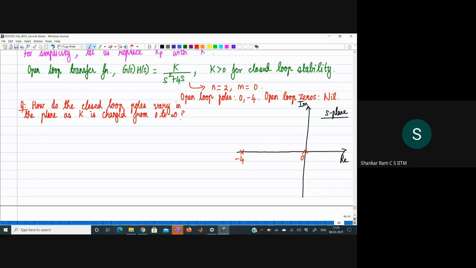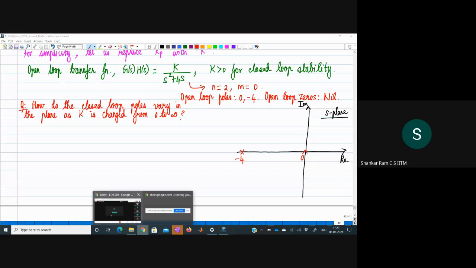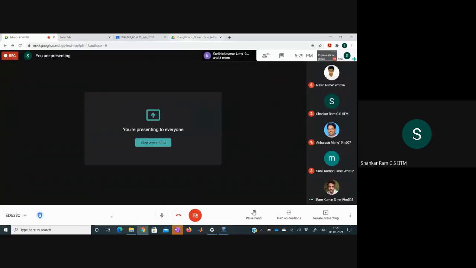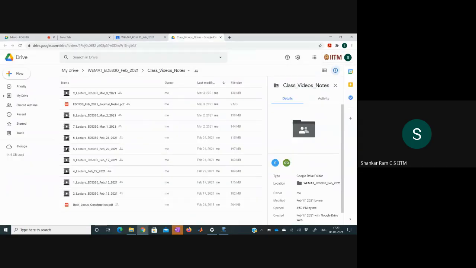That is what we have. Let's try to answer this question. This particular set of steps constitutes the construction of the root locus.